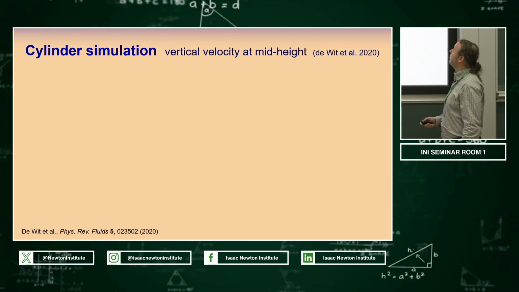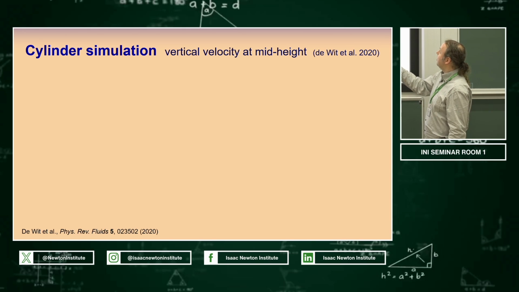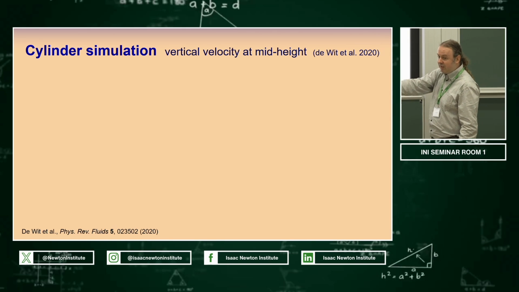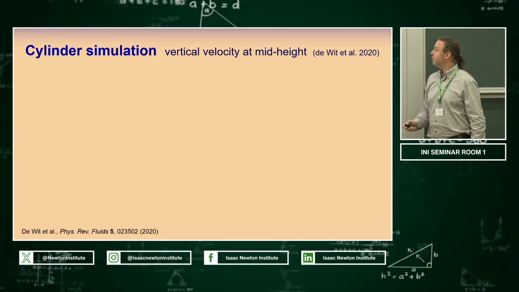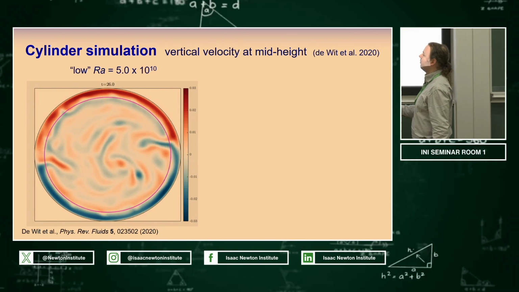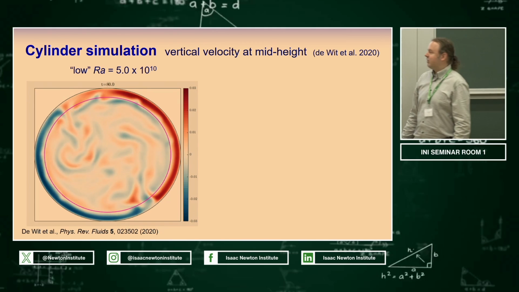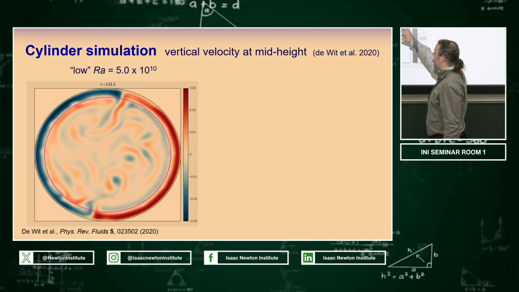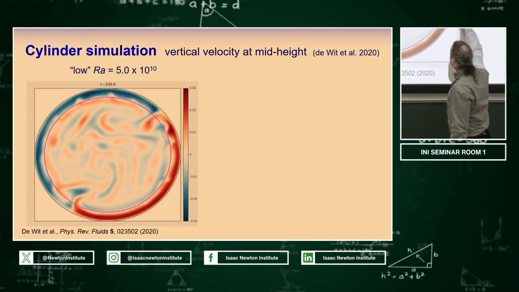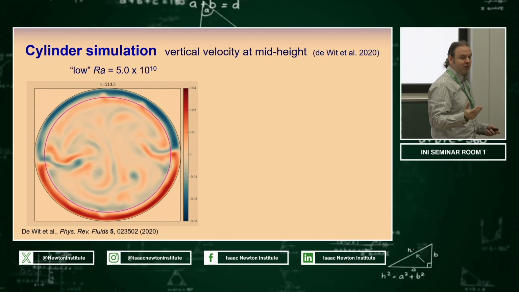And this is going to be the result. So what I'm going to show is a horizontal cross-section at half height, showing the vertical component of velocity. So this is at a relatively low Rayleigh number. And some things are already quite remarkable. You can see that close to the sidewall, there is this layer where actually the highest velocities are being found.